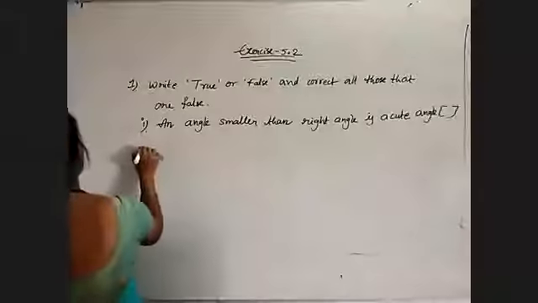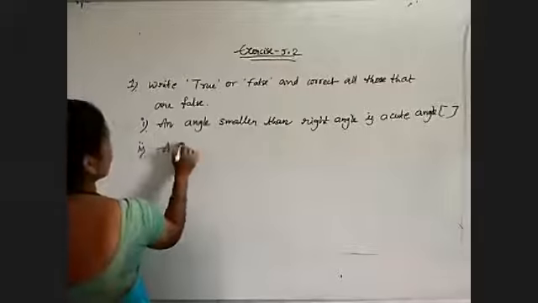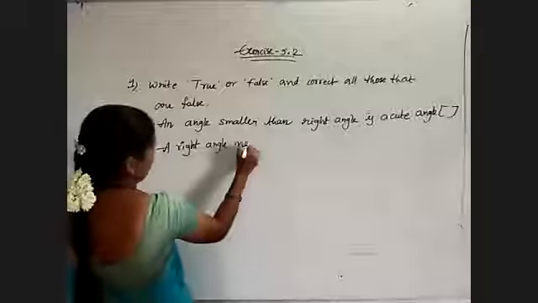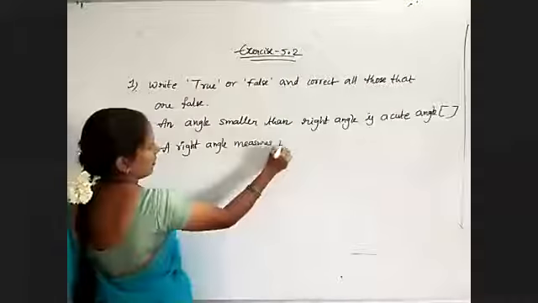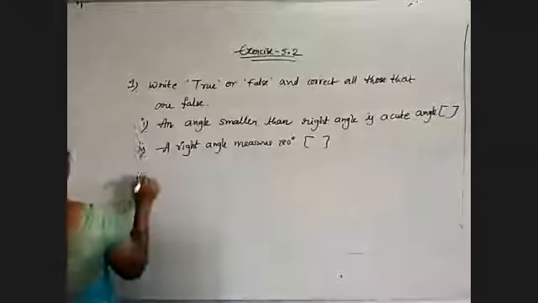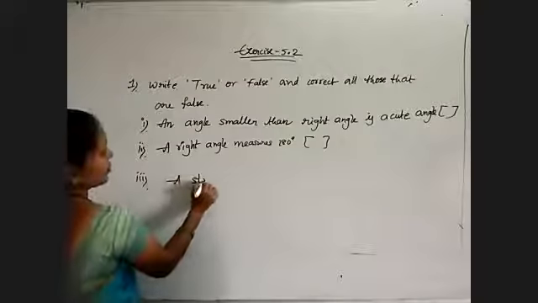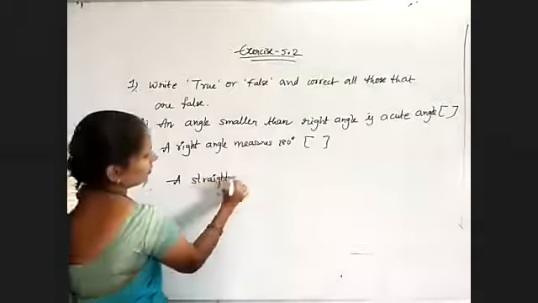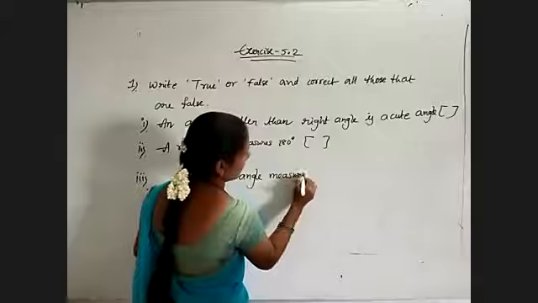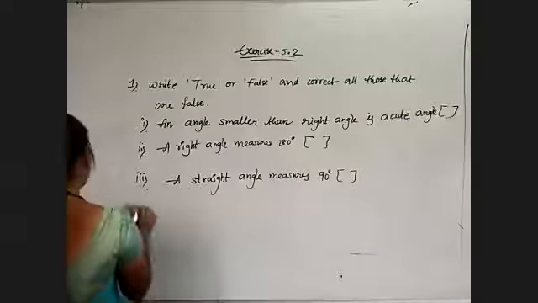And second question, a right angle measures 180 degrees. And thirdly, a straight angle measures 90 degrees.